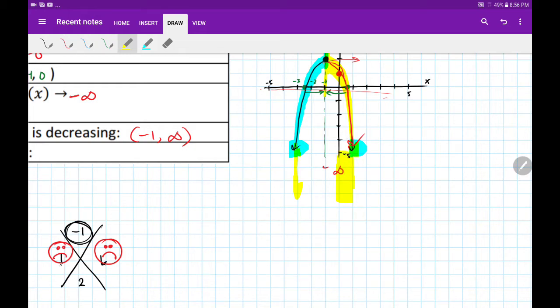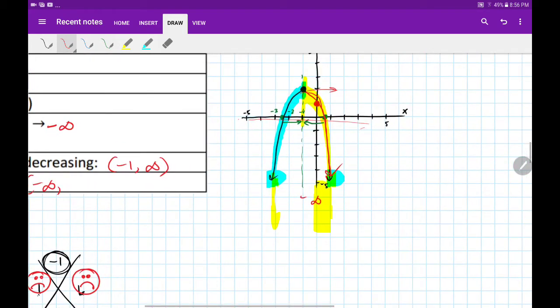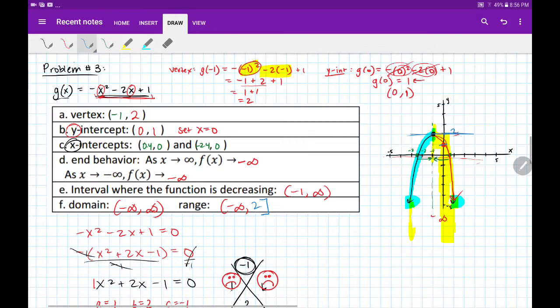So our graph exists, we can say, from negative infinity until where? Well, it exists for these y values. Right until there. This is where it stops. So at the y value of positive 2. That's our range from negative infinity till positive 2. My graph exists for all these y values. And we're done.